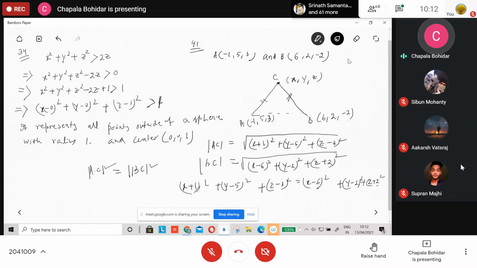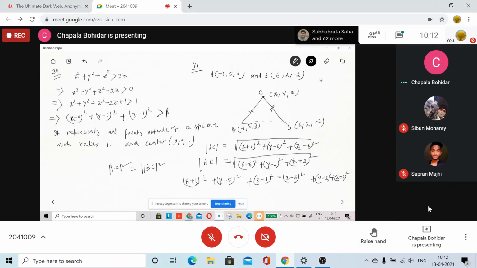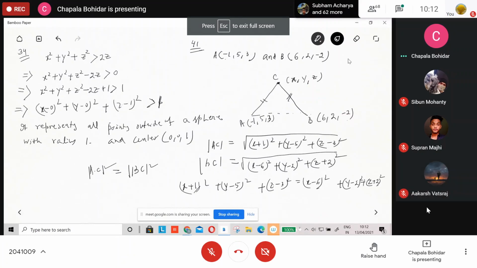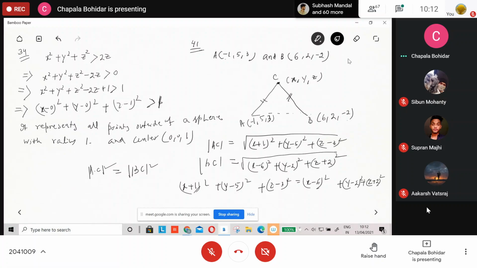You simplify, what is the result? Simplify your result. Ma'am, 14x minus 6y minus 10z equal to 9.